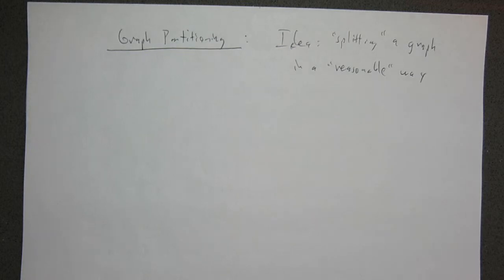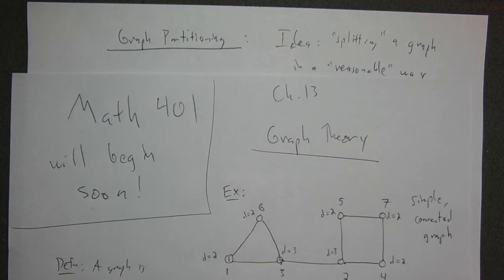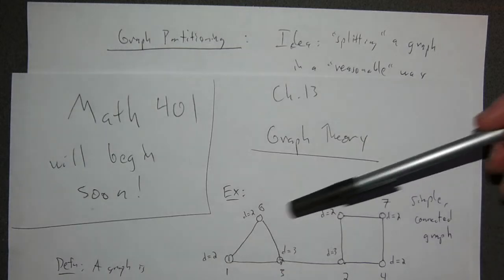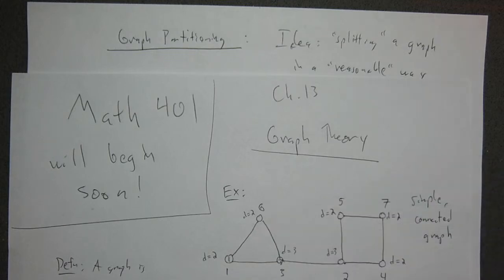Okay, so going back to our original example, in this graph, you could think about this as properly described as a triangle connected to a square. And so looking at it like that, maybe in your mind, when you automatically see this, you say, yeah, this graph has 2 main pieces. It's got the triangle piece and it's got the square piece.